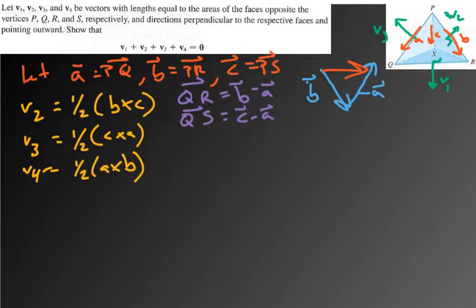The distances match up and the directions match up. So QR is B minus A. You could do the same thing for QS, but once you see one of them, you could believe this other one too.